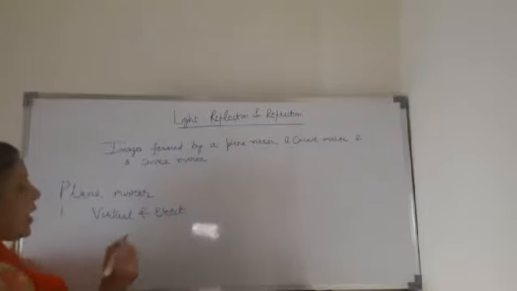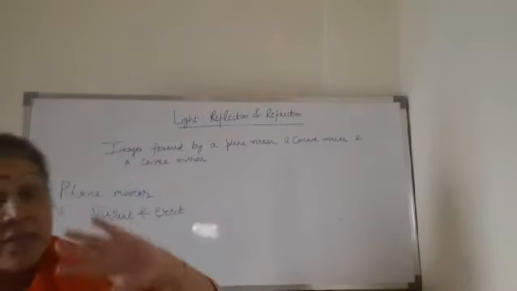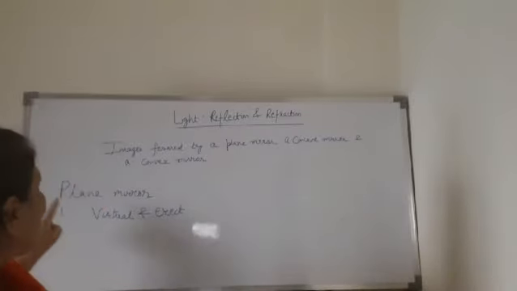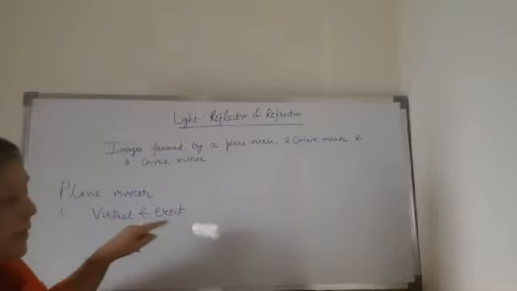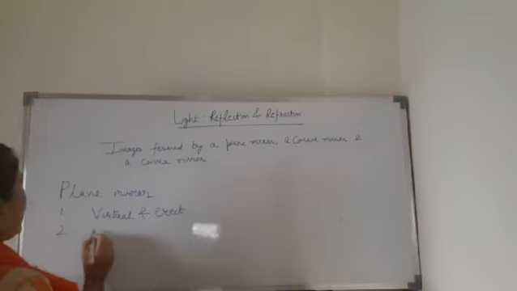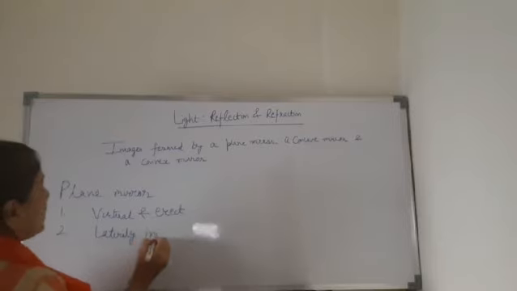We all see our reflection or image in a plane mirror, no? You have never seen yourself upside down. It's always virtual and erect. So the first property of the image formed by a plane mirror is that the image is virtual and erect. Second, it's laterally inverted.